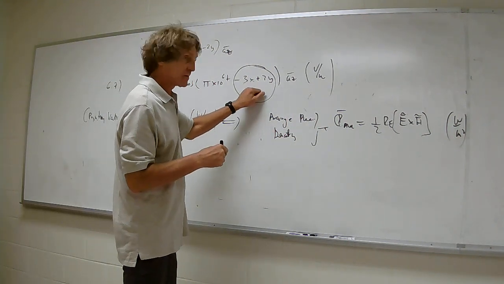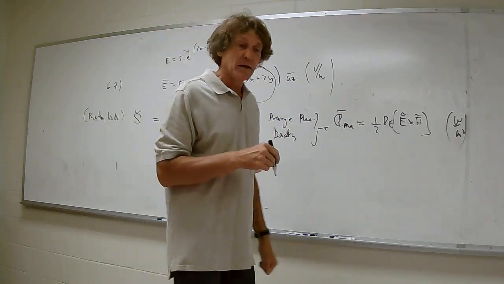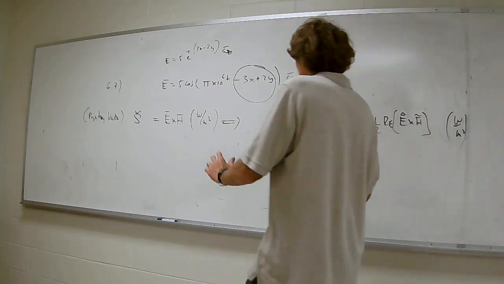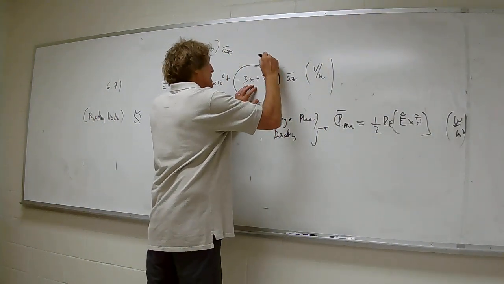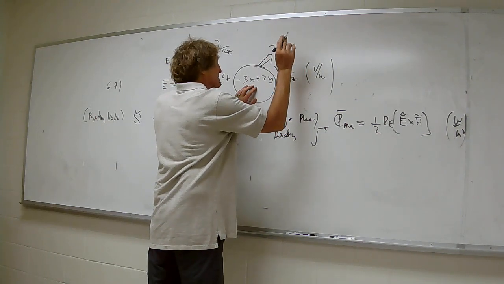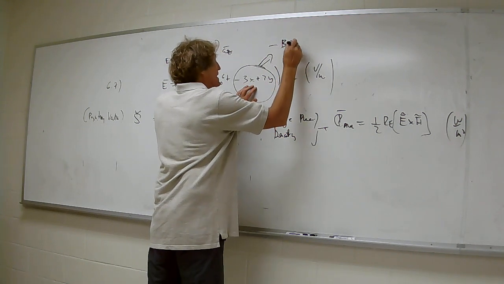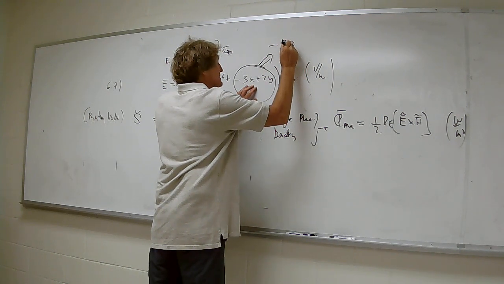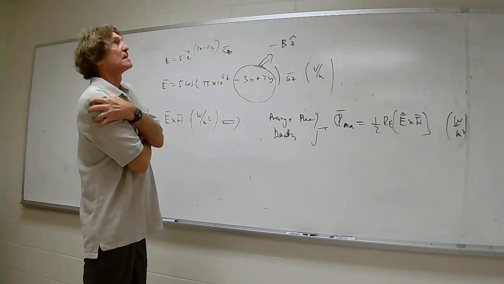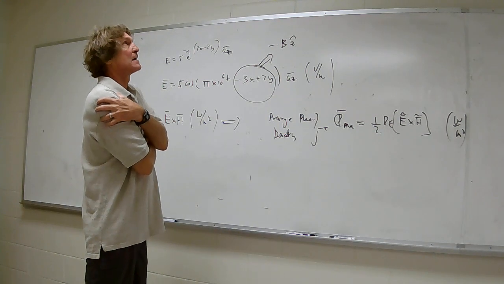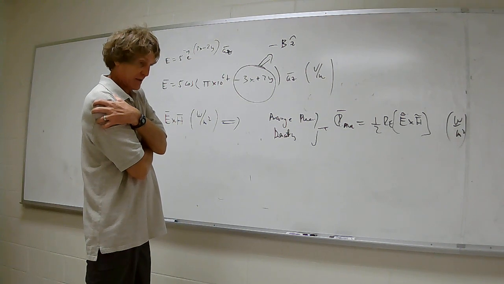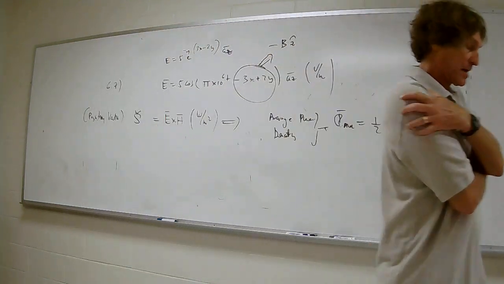When you look at this right here, think back that this term is really minus beta, some constant, times a unit vector, z hat. Actually, let me back up. I'll show you how to do it in a second.